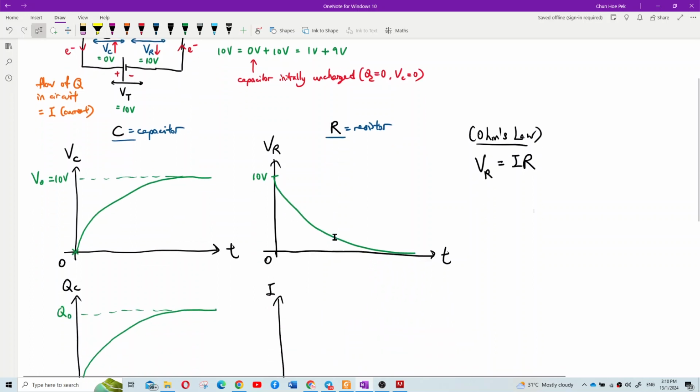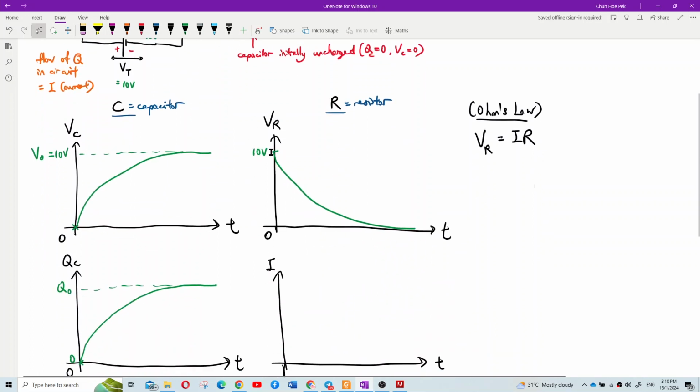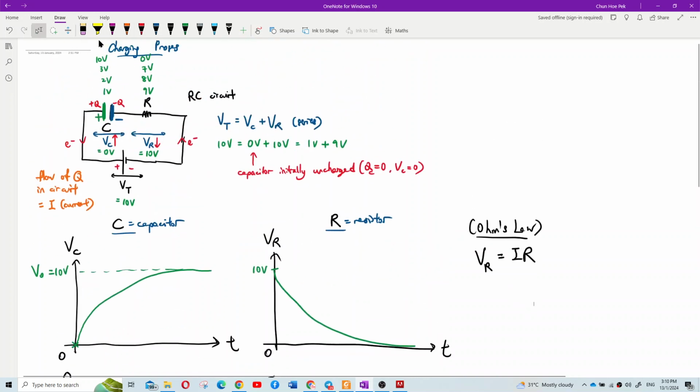So, tengok, when charging process, this is a charging process. Should I draw, right?